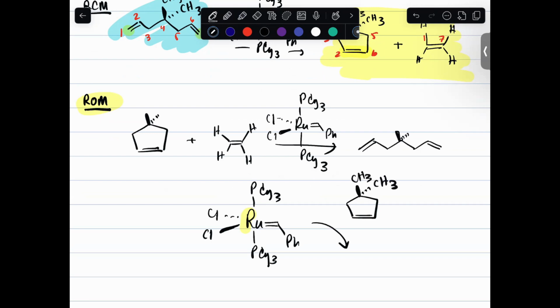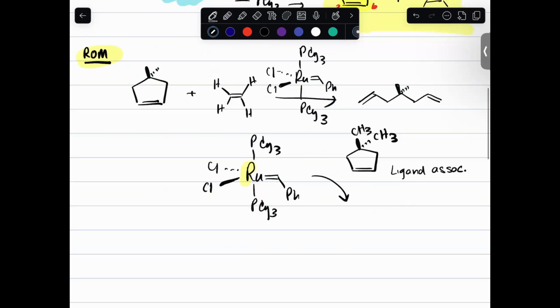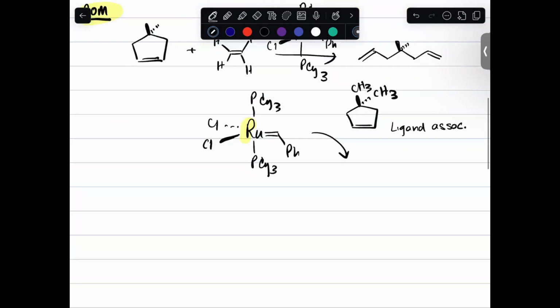And just like before, our first step is ligand association. Nothing has changed from before. Same step. The double bond is associated to the ruthenium.